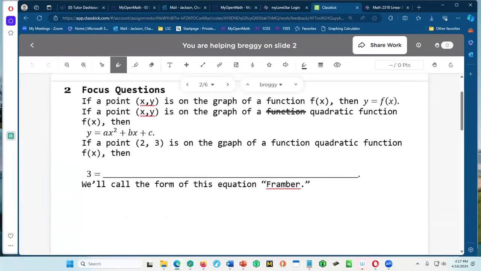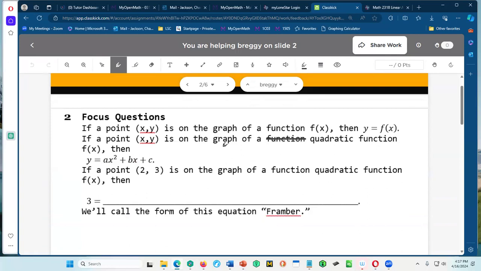Okay, now here's some abstract looking stuff, but it's actually important and helpful. If a point xy is on the graph, then y equals f of x. Okay, it's on the graph of f of x, then y equals f of x. And it works the other way too.